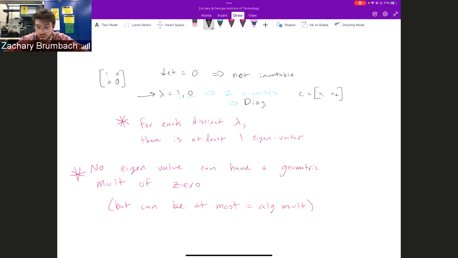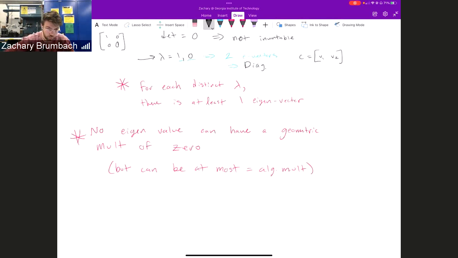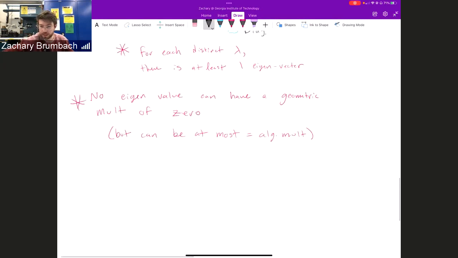Could you give the answer as neither invertible or diagonalizable? Yes. Let me think about that for a second. Somebody asked, what is the difference between algebraic and geometric multiplicity? Algebraic multiplicity is how many times the lambda occurs in the characteristic polynomial.